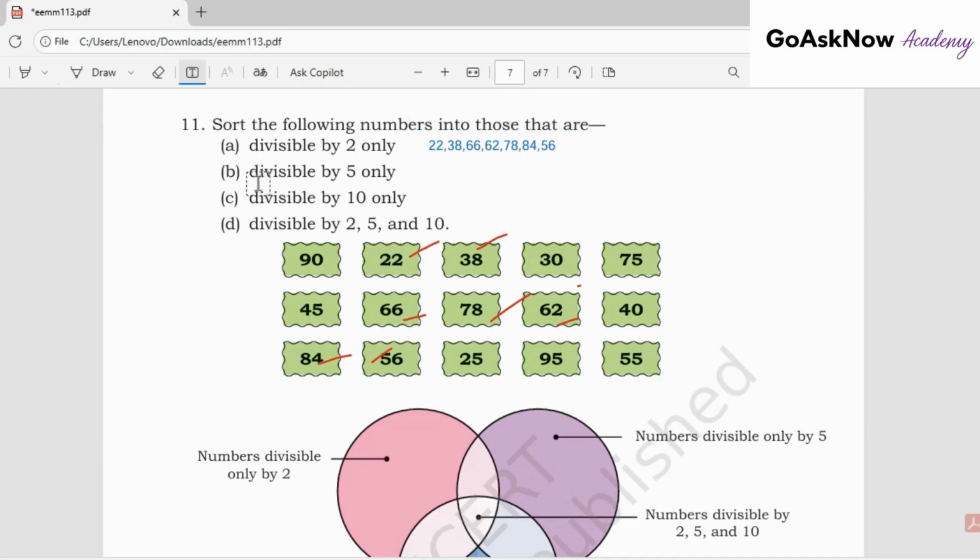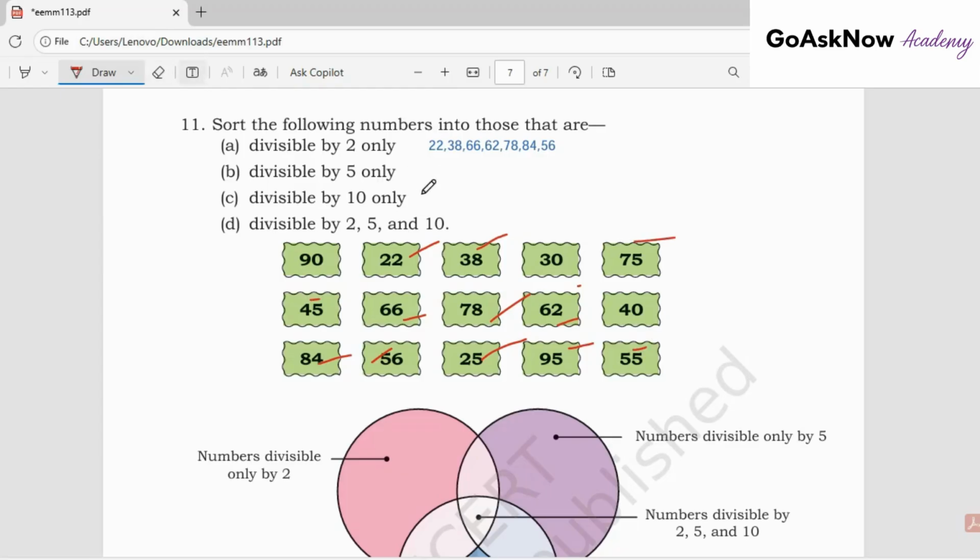Okay. Next, subpart B: divisible by 5 only. Then we have to check for 0 and 5 endings. It should not be divisible by 2 or 10. Now let us check that. That will be 25, 95, 45, 55, 75.